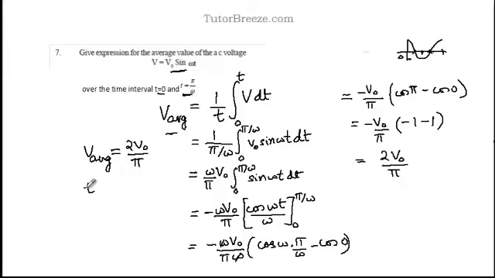The interval from t equal to 0 to t equal to pi by omega, which means omega t equals pi, is half a cycle. That is why the average value was not 0.